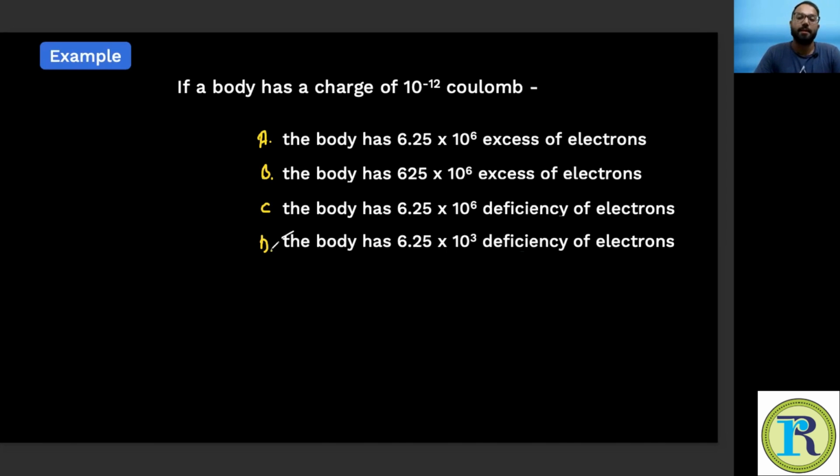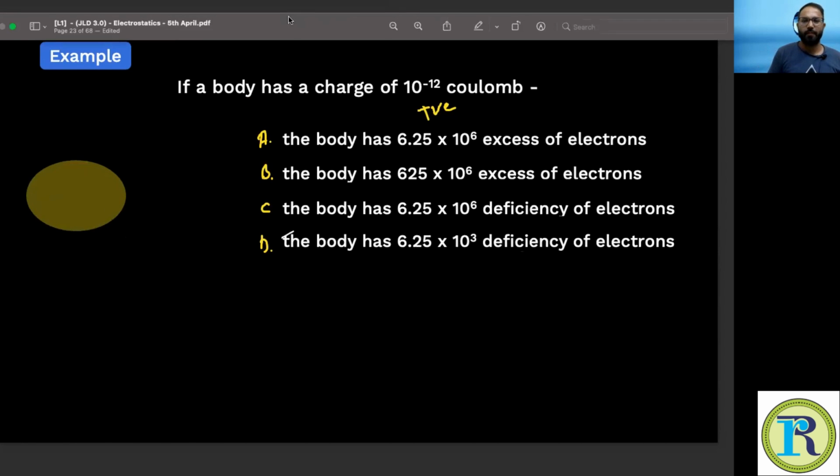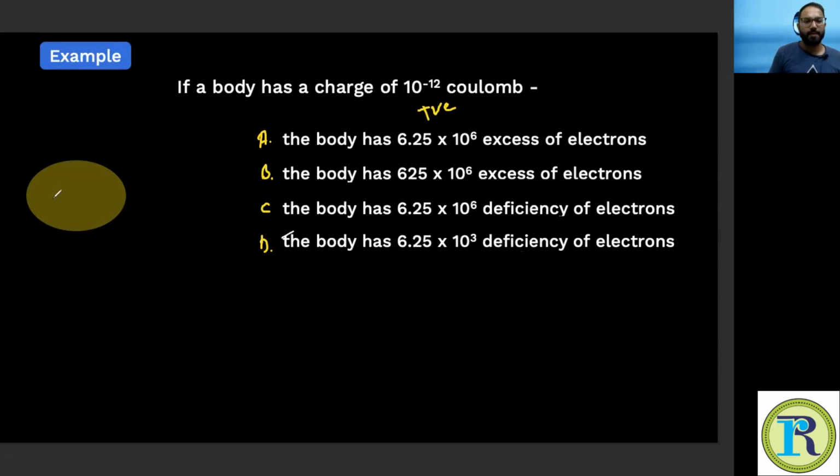And option D, the body has 6.25 into 10 raised to power 3 deficiency of electrons. Let me repeat the question again. If your body has a charge of 10 raised to power minus 12 coulomb, we can see its charge is positive. If it's positive, for example, there is an object like this, and it has a charge of 10 raised to power minus 12 coulomb, and it's positive.